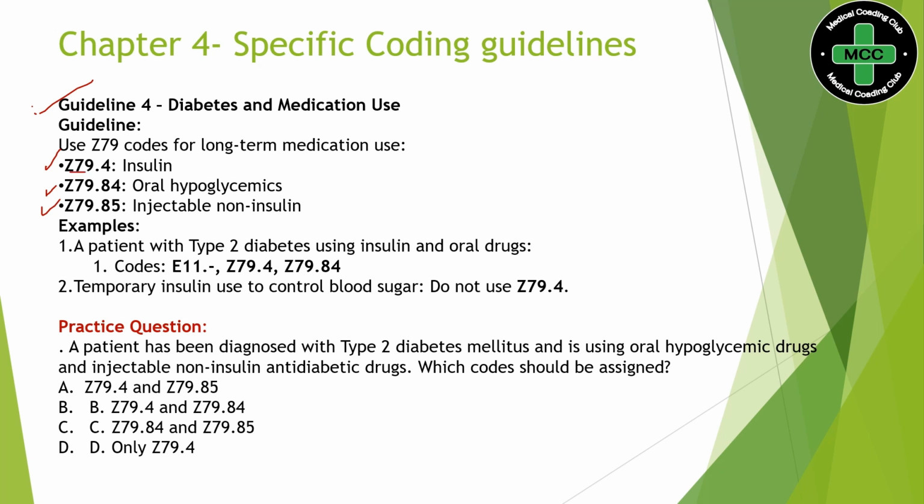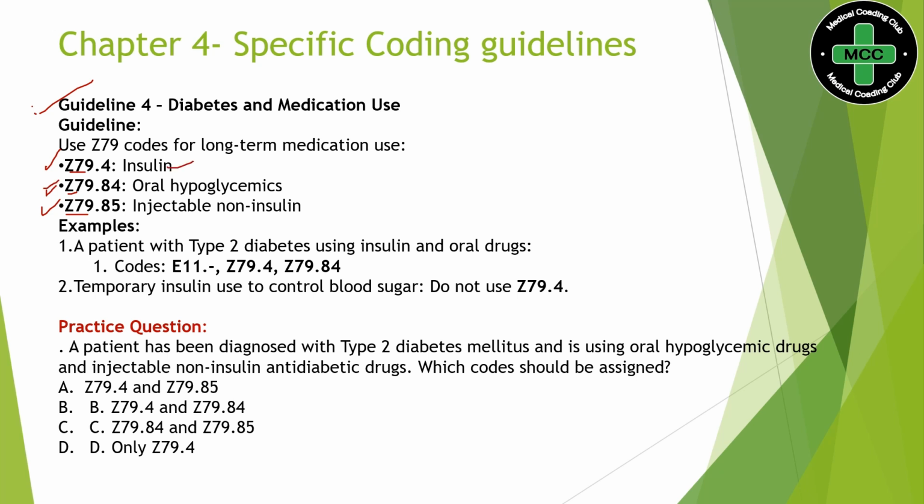If they document the patient is taking oral hypoglycemic, then you should select Z79.84. And if they say injectable non-insulin, you have to go with Z79.85. Sometimes a patient will be taking 2 or 3 drugs. The patient can take insulin and also an oral hypoglycemic.